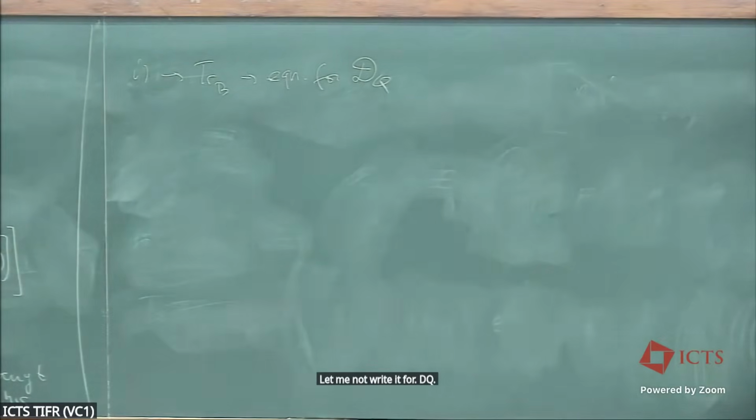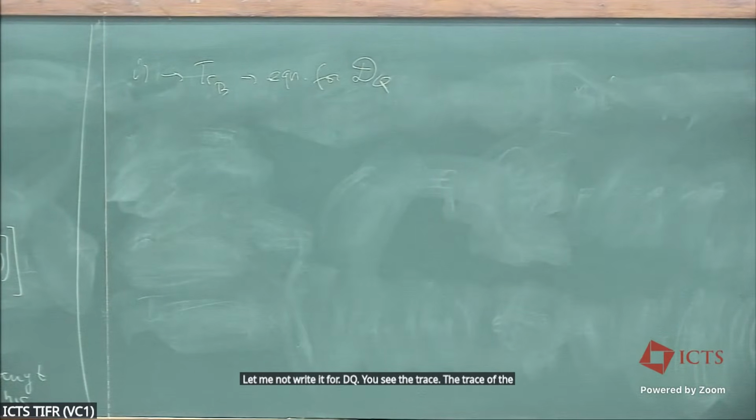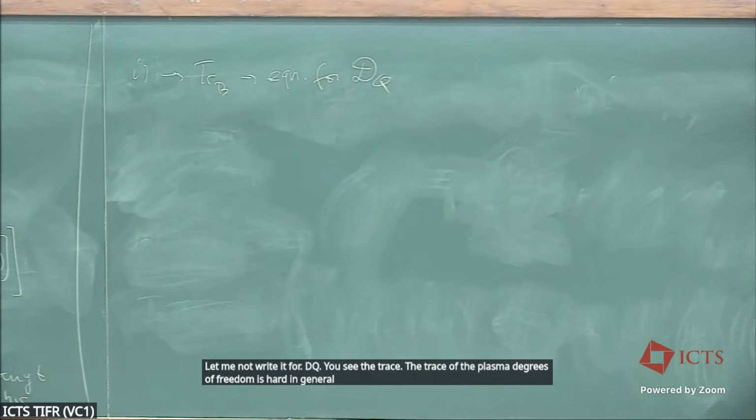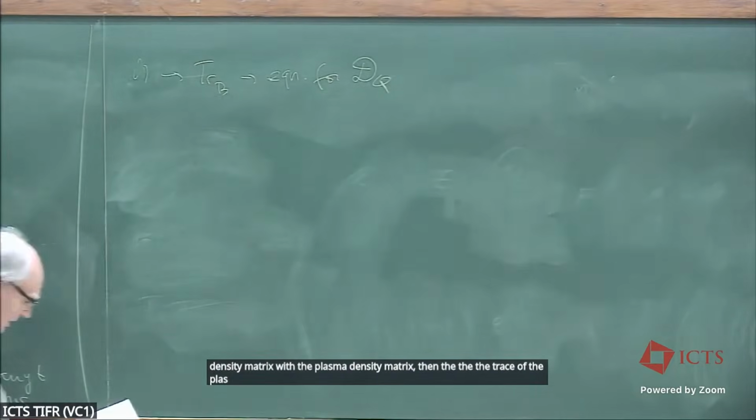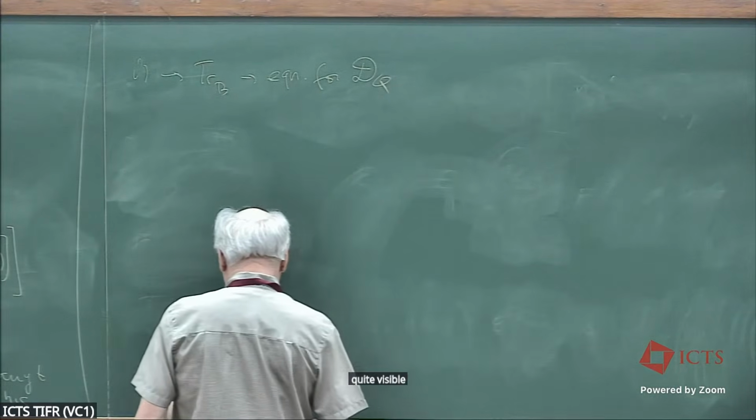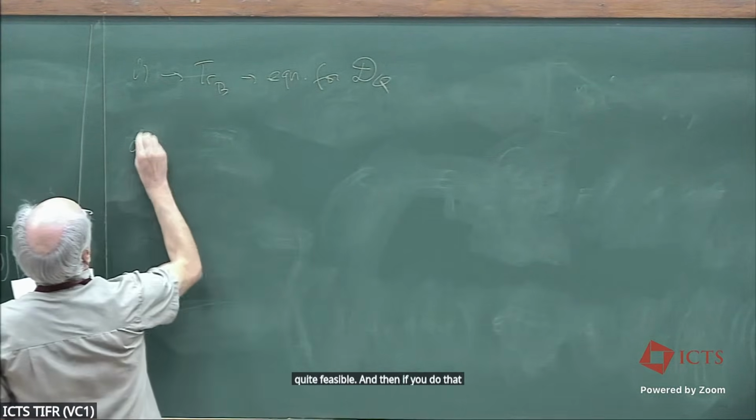The trace over the plasma degrees of freedom is hard in general to perform, but if you factorize the heavy quark density matrix with the plasma density matrix, then the trace over the plasma degrees of freedom becomes quite feasible. And then if you do that, you get the following equation.